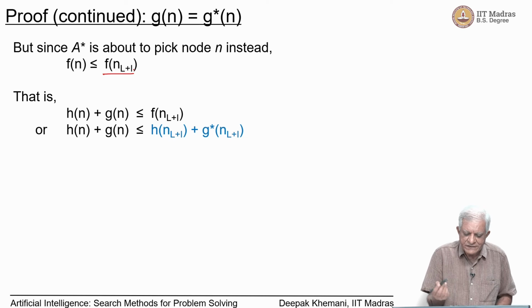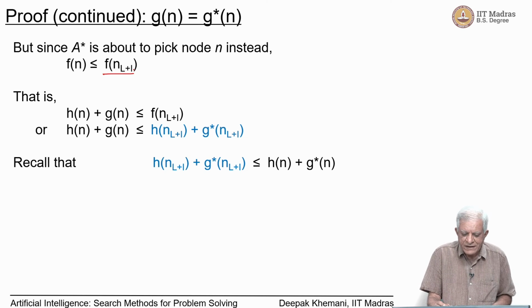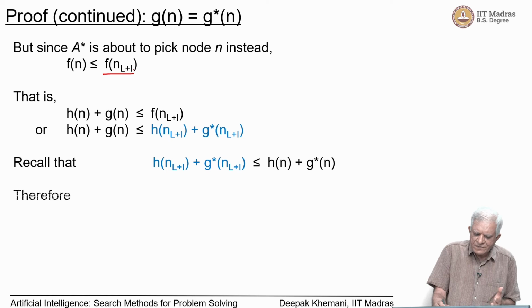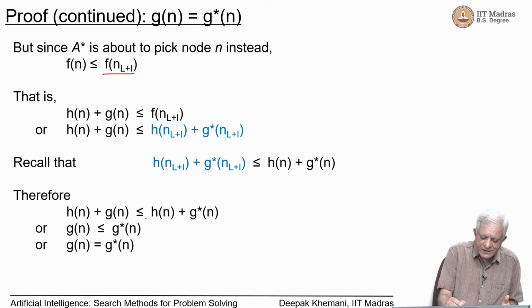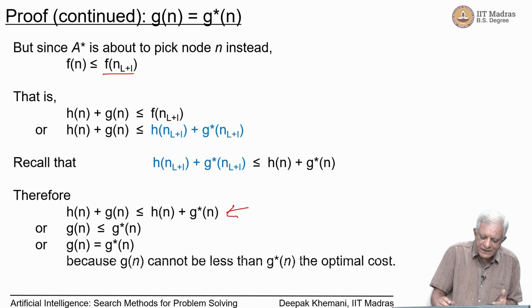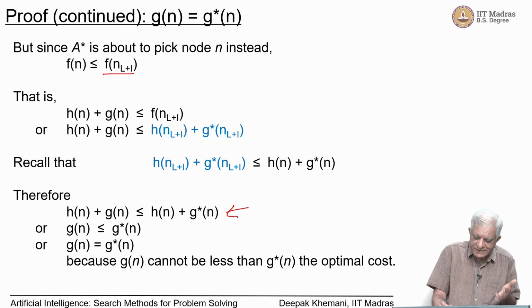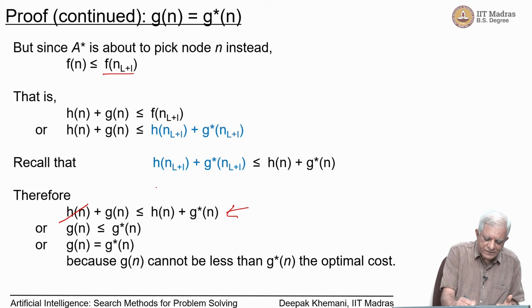g star, why? Because we know that that is on the optimal path to the node n essentially. We have already shown that this inequality holds, which means that h of n plus g of n is less than or equal to h of n plus g star of n, and we can cancel h of n from here.